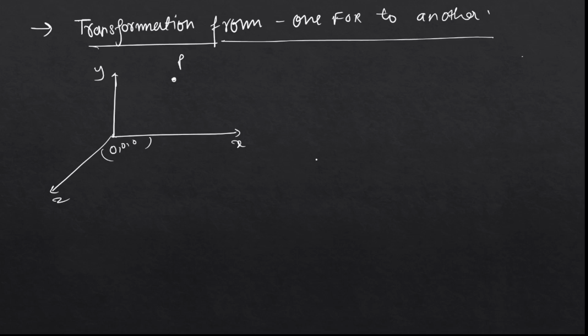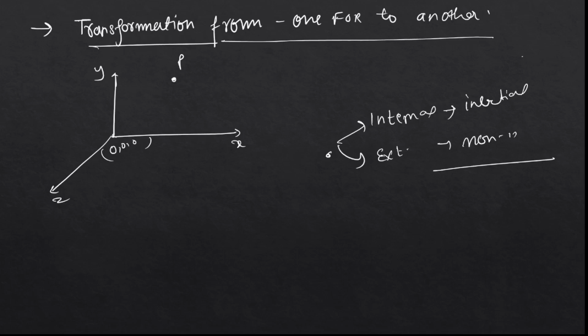So you may be aware that there are two kinds of frame of reference. One is internal and another is external, or these are also called inertial and non-inertial. Here I'm just going to consider the inertial frames of reference, not the non-inertial frames of reference.